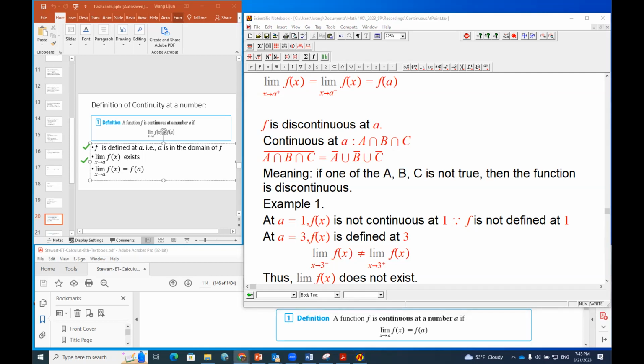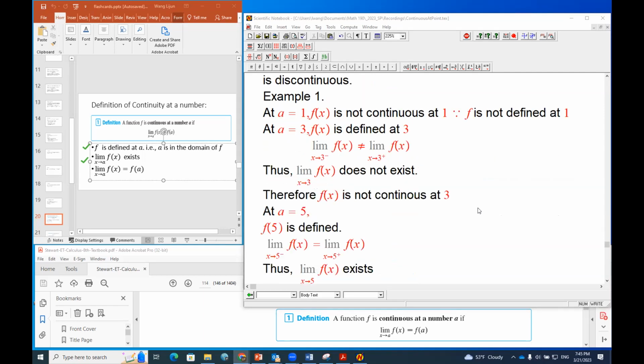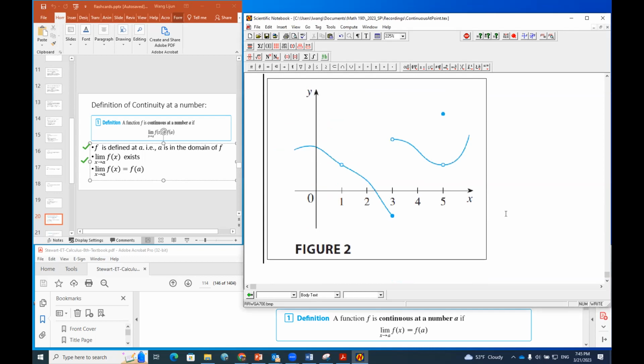So let's look at another function. Okay, this is in your homework. So example number 2, we have a function x squared minus x minus 2 over x minus 2.